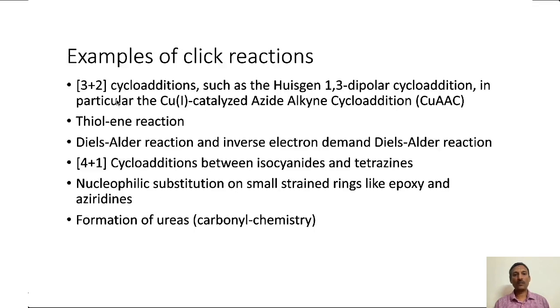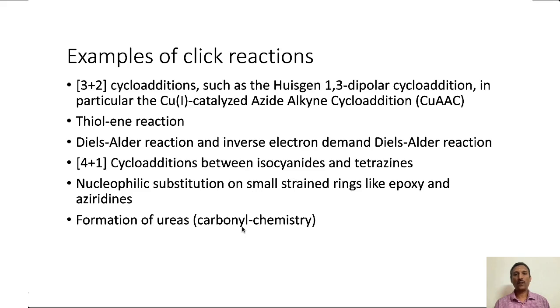Some of the examples include the 3+2 cycloaddition reactions or Huisgen 1,3 dipolar cycloaddition reactions, especially the copper(I) catalyzed azide alkyne cycloaddition reaction, or simply called CuAAC reaction, and thiol-ene reaction which we had seen in the chemical biology system, Diels-Alder reactions and inverse electron-demand Diels-Alder reactions, 4+1 cycloaddition reaction between isocyanides and tetrazines, nucleophilic substitution on small strained rings like epoxides or aziridines, and formation of urea.